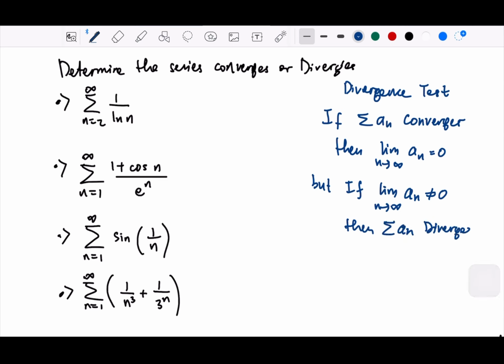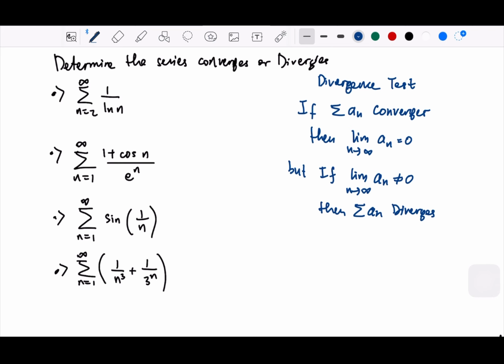Okay. So when you find that the limit is 0, it doesn't mean it converges, so we need to try another method. Remember that it's different from the sequence. In a sequence, if your limit is 0, that means it converges. But the series is the summation of the sequence, right? So it's a little bit different.